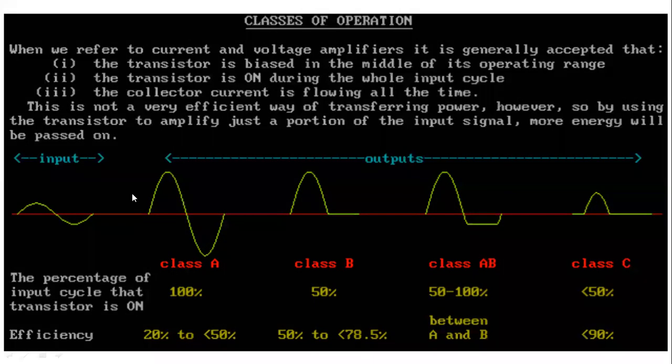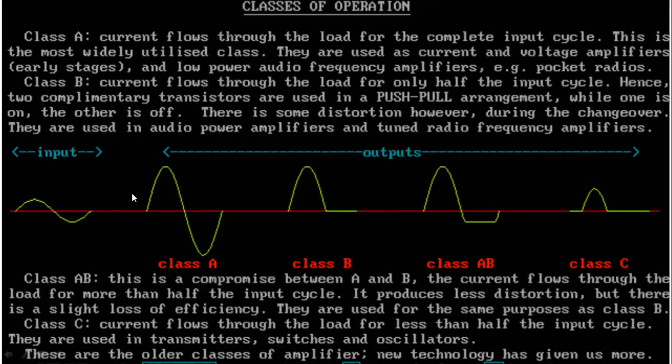As an example, if you consider class A amplifiers, the current flows through the load for the complete input cycle. Keep in mind that in class A operation, current flows through the load for the complete input cycle.